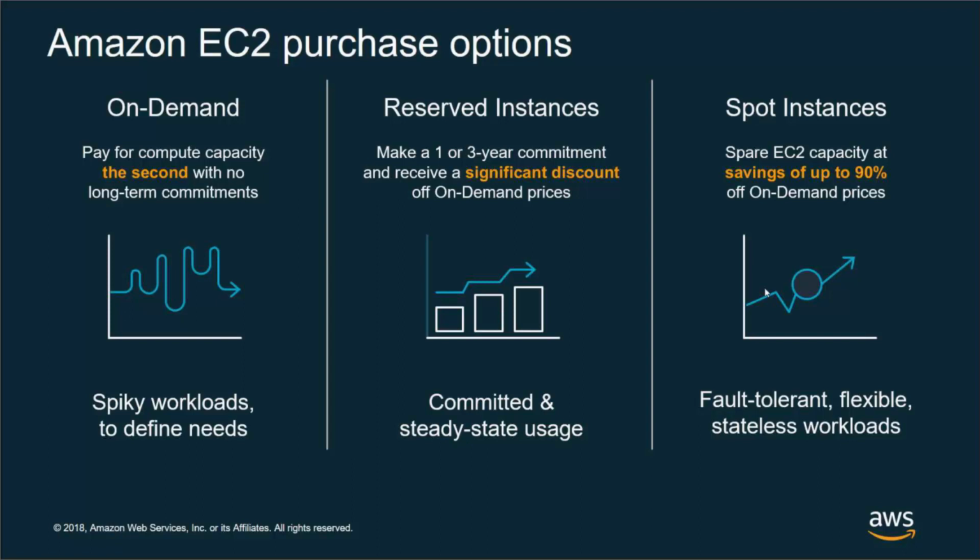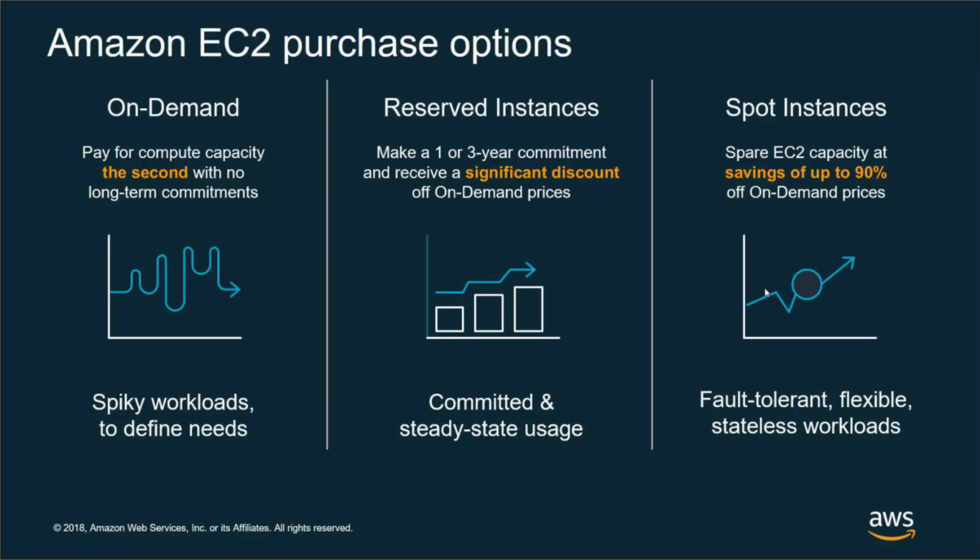When customers are running steady state workloads such as databases, or maybe Kafka or Spark streaming instances, where it's running all the time, customers can commit to a 1 or 3 year commitment and receive a significant discount over the on-demand prices.